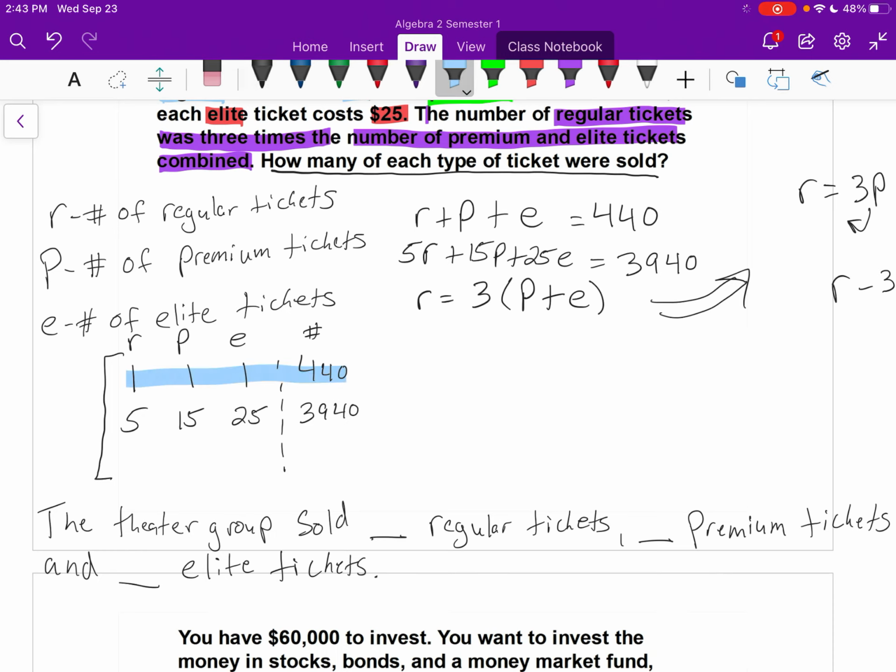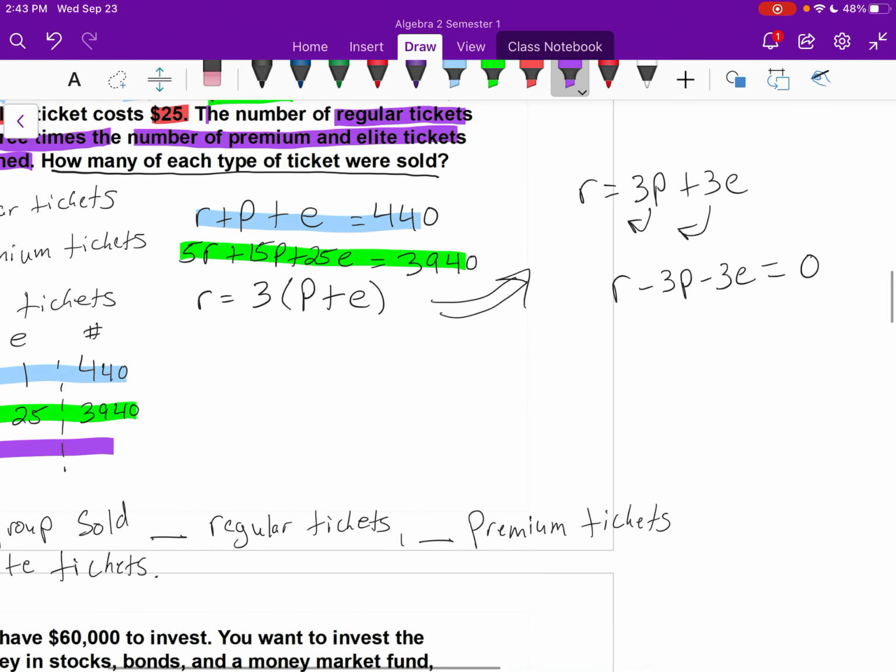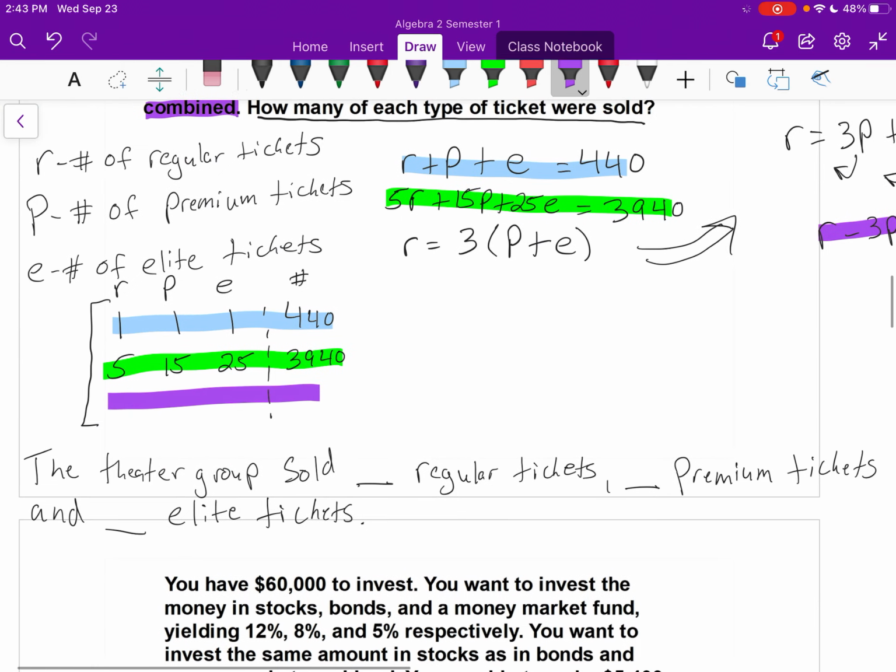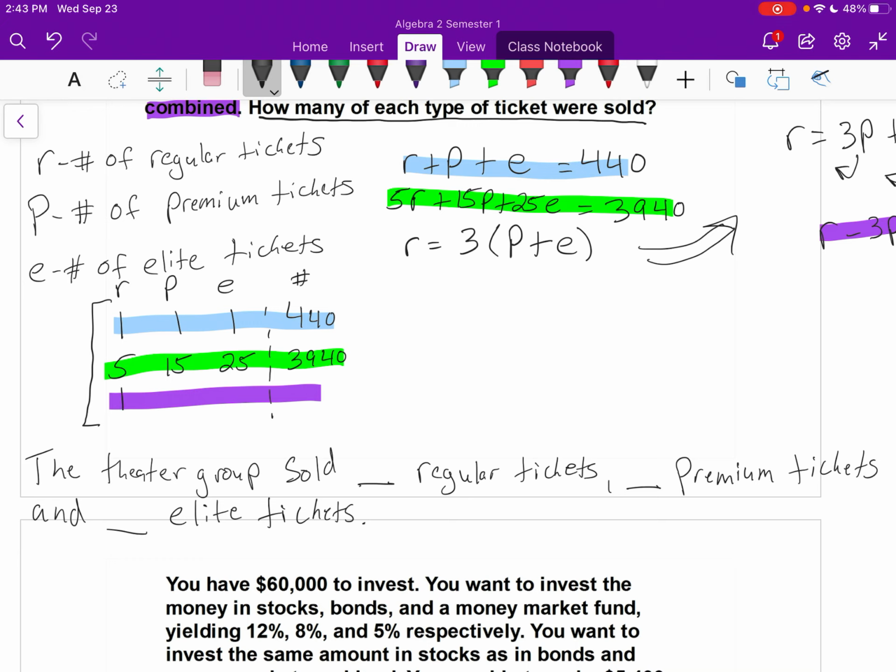I'm getting this line from the first equation, this one from this equation, and that last one I'm going to get from here. So if we look at the coefficients, 1, -3, -3, and then 0. Now we have our augmented matrix.